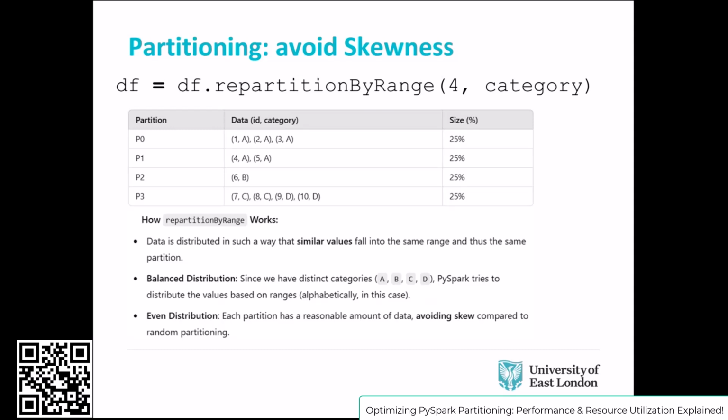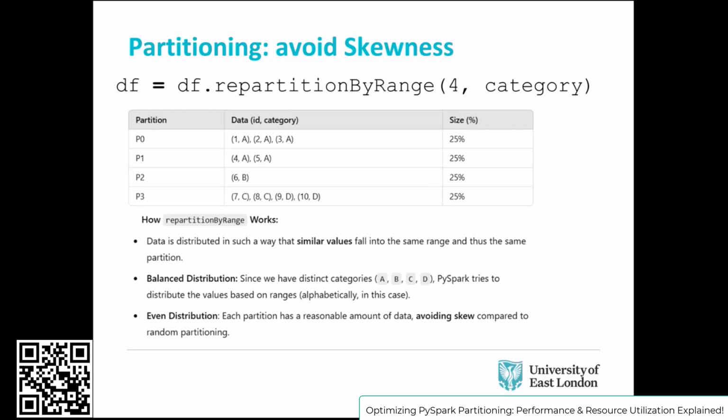Maybe you can take it as your presentation, or as your own study, to see how we can handle data skewness to make sure we don't underutilize resources, right? This is the concept. So, okay, one solution to avoid the skewness is this syntax, repartition by range, right?